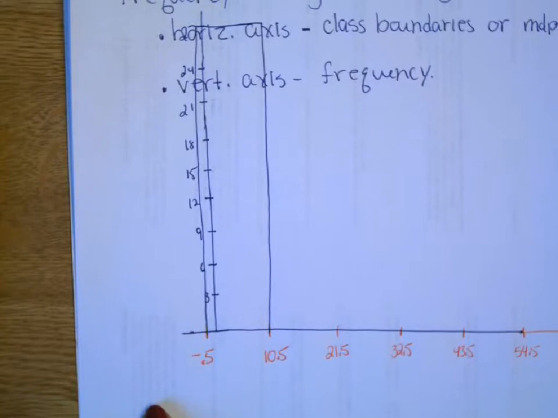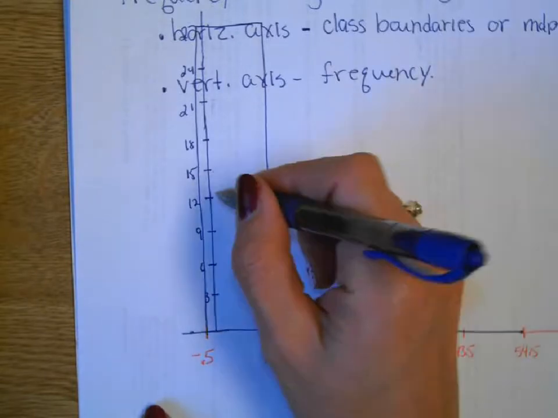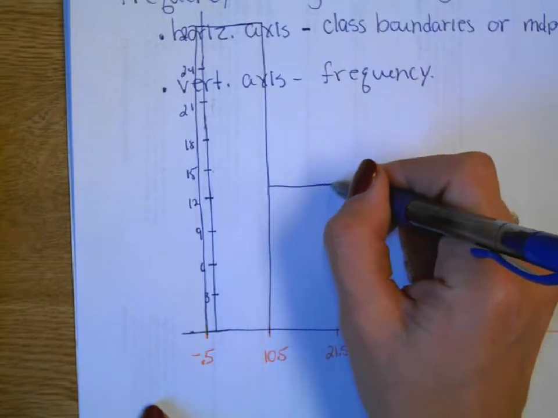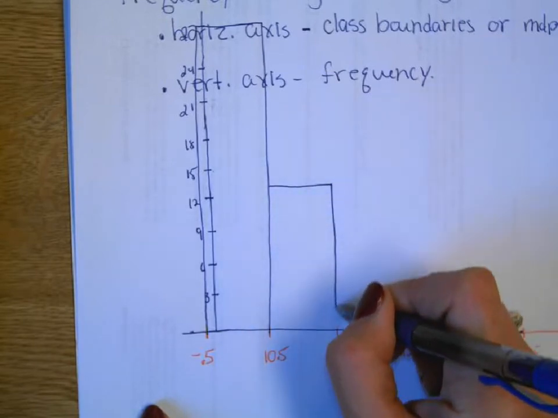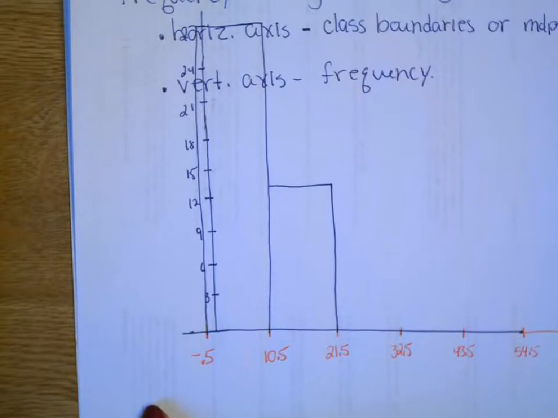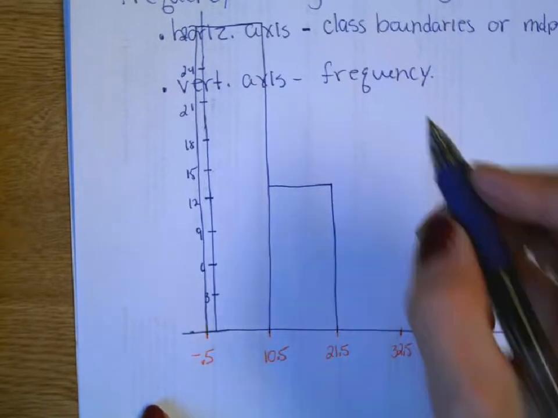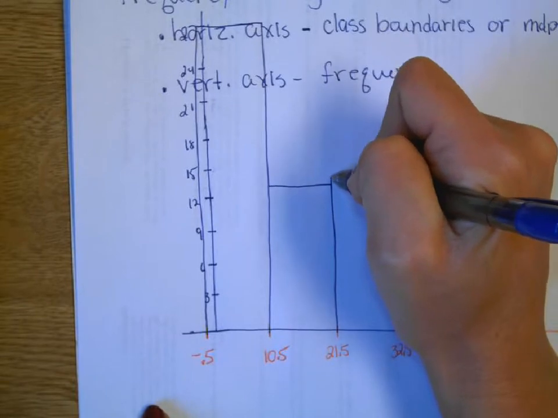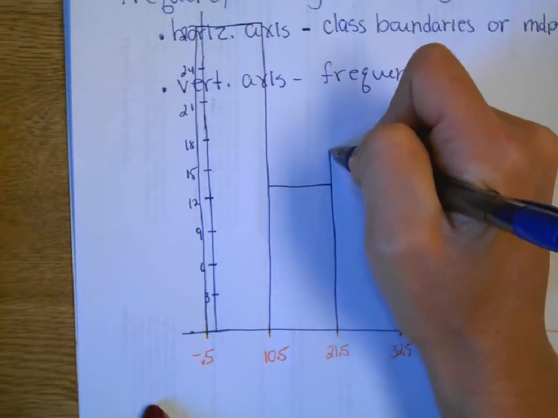We're making a bar for each one. The next group, from 10.5 to 21.5, what's that frequency? 13, so I got to estimate 13 here. The next one's up at 16.